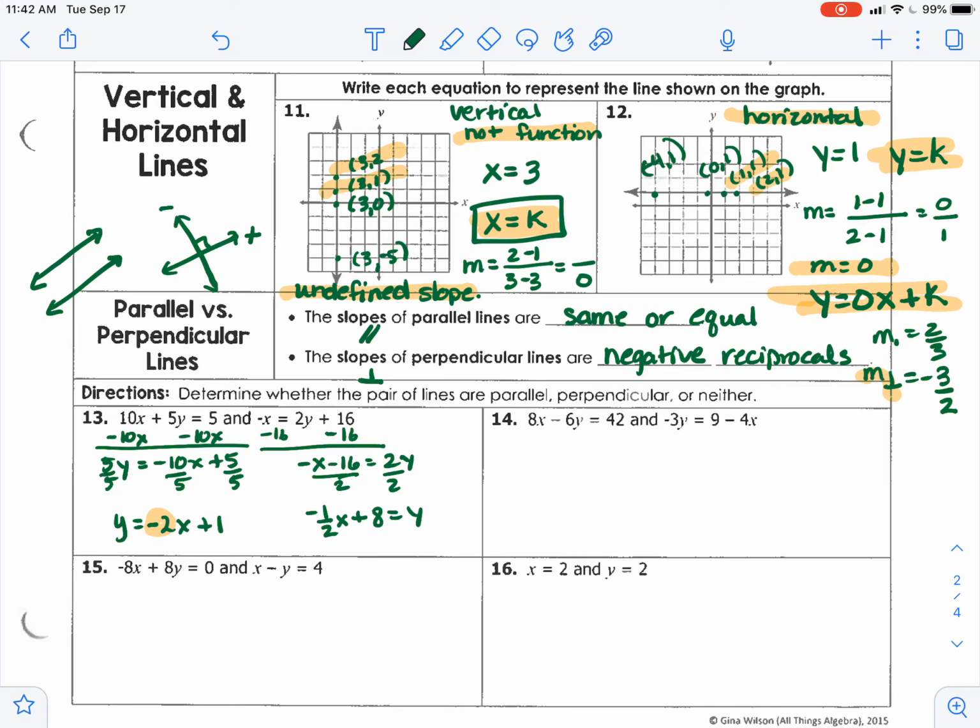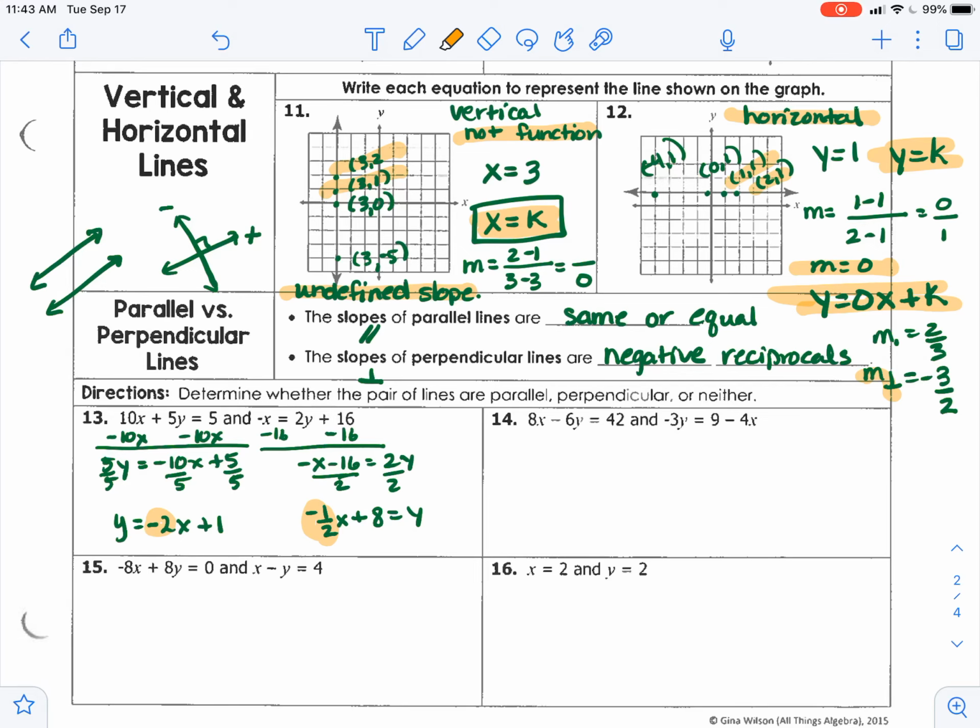Again, I can flip that around to get it in full slope-intercept form, but really all I need is my slope. In this case, one of them has a slope of negative 2, the other negative 1/2.